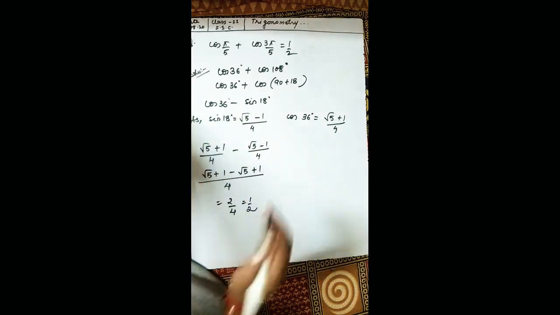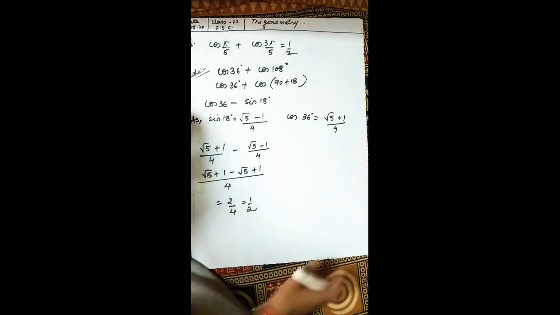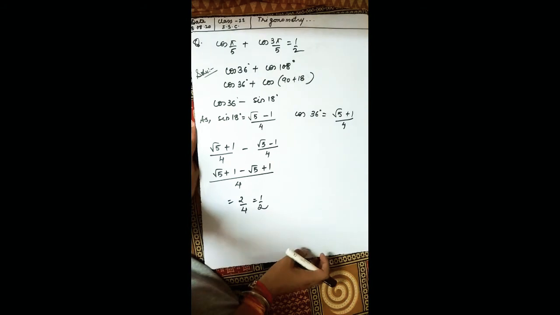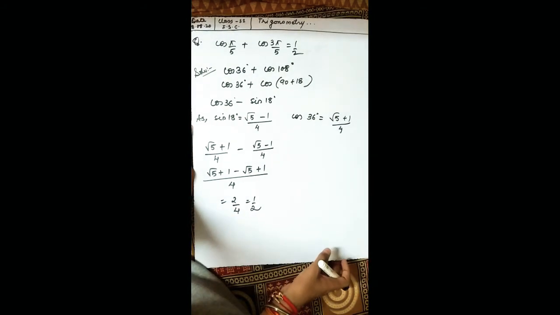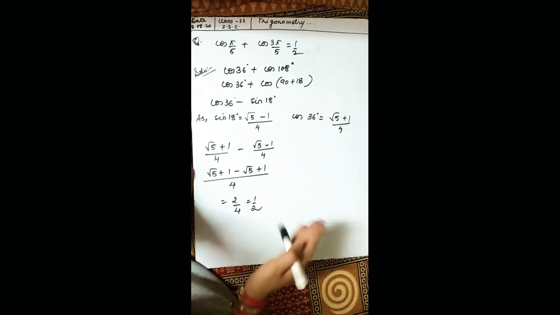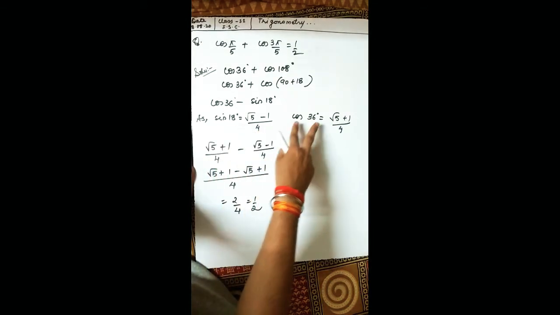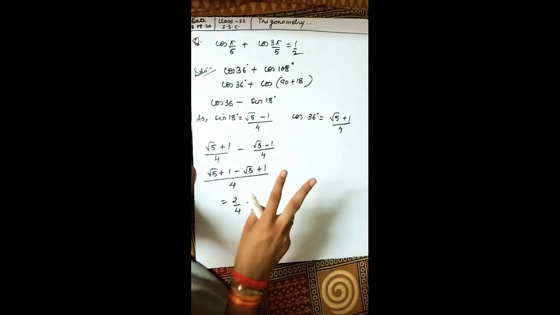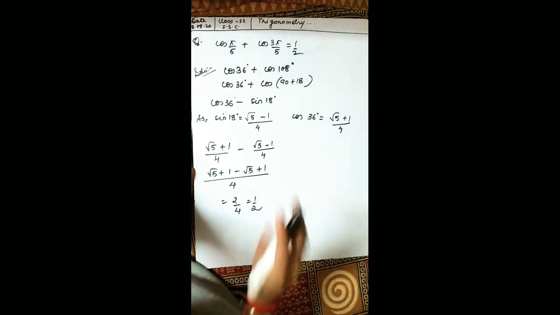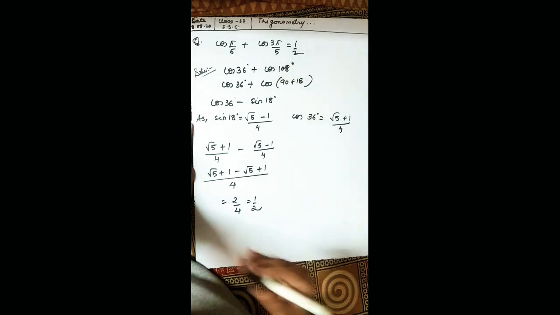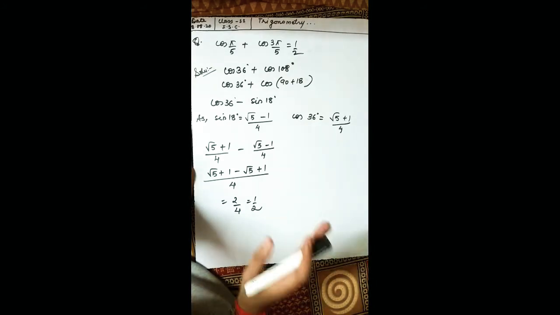Now I have told you in the previous video also that you need to remember some special angles. So what are those special angles? I have taught you regarding this: sin 18 degree, cos 36 degree, cos 18 degree, sin 36 degree. I have explained how to solve those special angles, so you need to remember them.